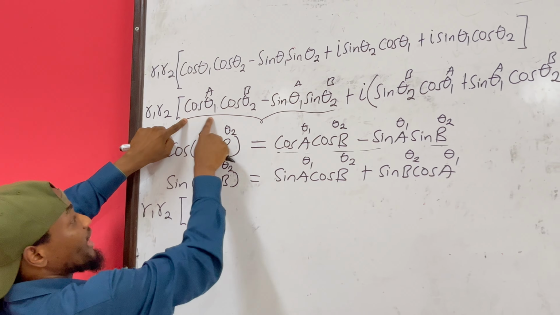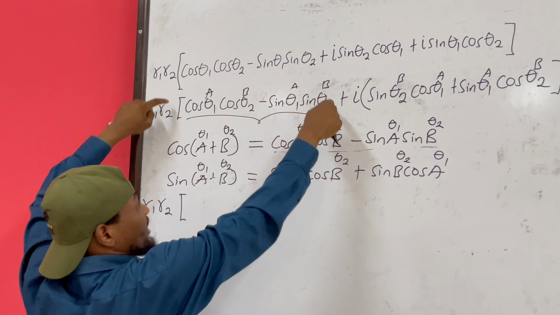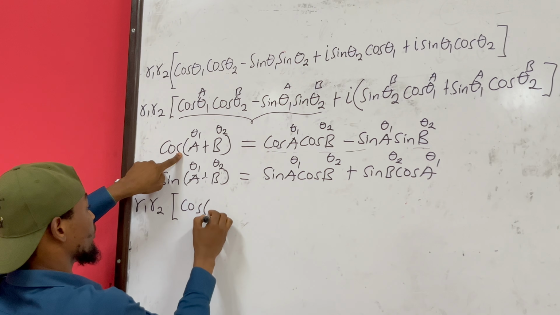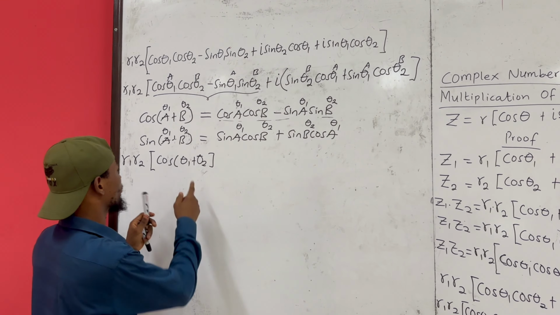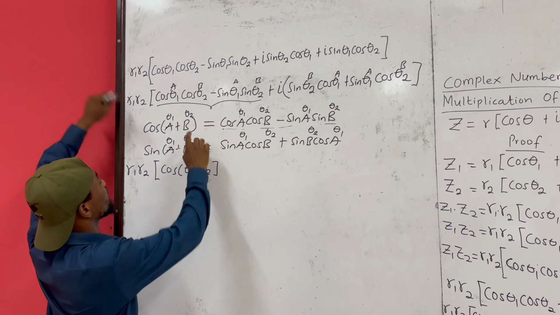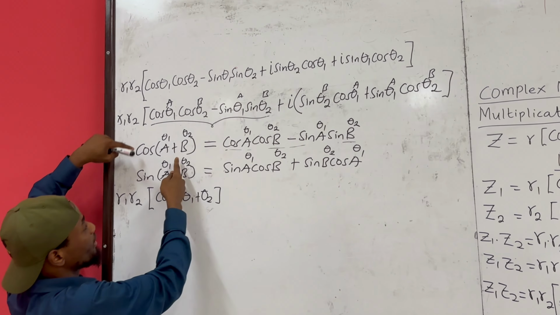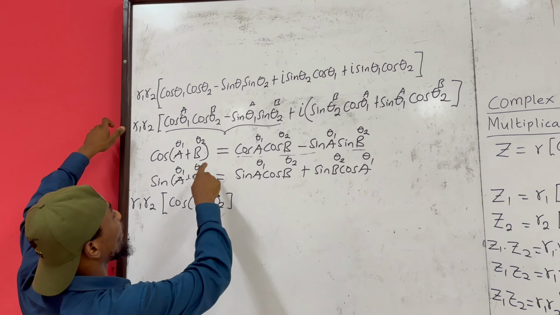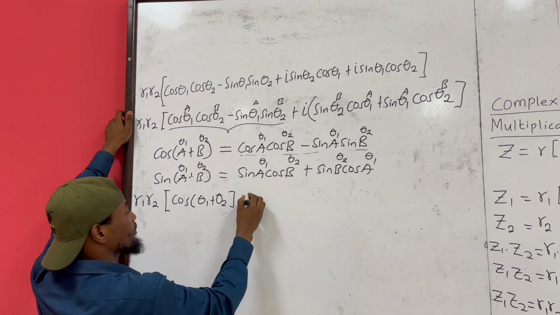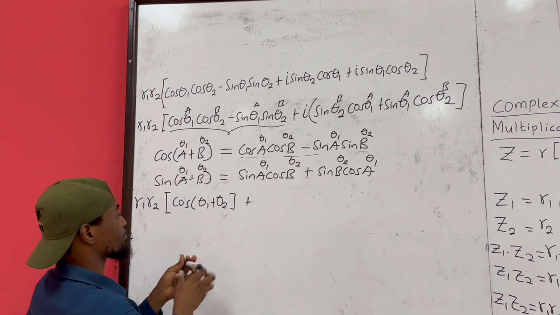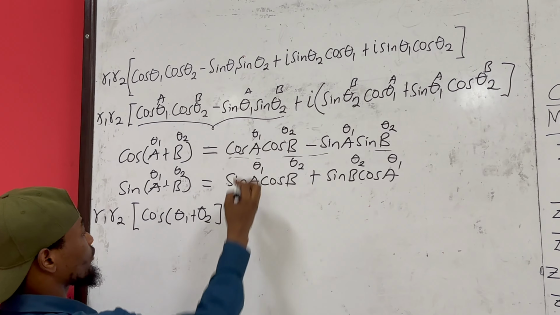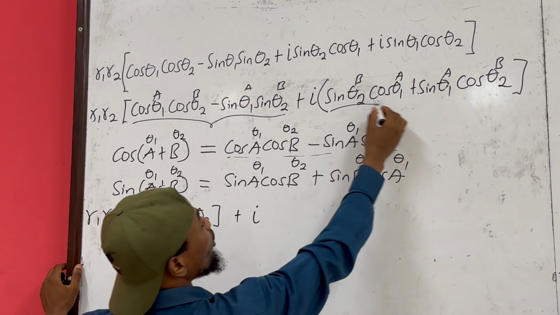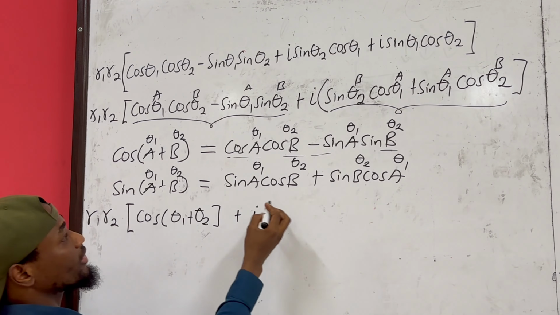So I can say that this whole expression, okay, is the same as cos of theta 1 plus theta 2. Then I have plus i, then the whole of this is the same as what?